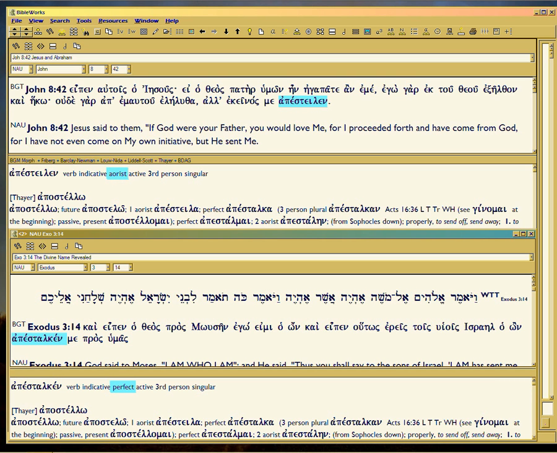Okay, but he's switching it to aorist as if, and of course it's true, even in eternity past, there never was a time when he wasn't going to be sent. See, always sent. Aorist has this connotation of just the action. It depends on which way the aorist is used. But it has a timelessness about it. So there was never a time when he wasn't going to be sent. He's stressing his own godness already, right here.